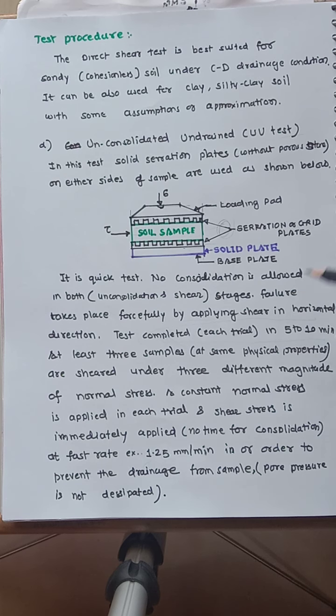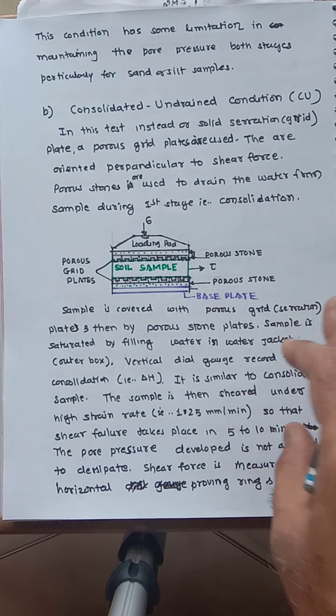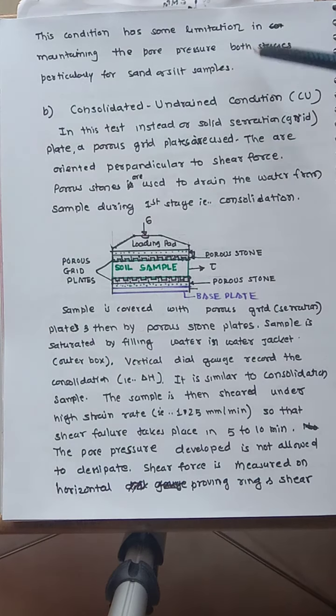During shear, an undrained condition is required, meaning shear stress is applied at a faster rate, 1.25 mm per minute, so that no drainage is allowed and the pore pressure is not allowed to dissipate. This condition has some limitation about the pore pressure; particularly, granular soil has more difficulty in maintaining this pore pressure.